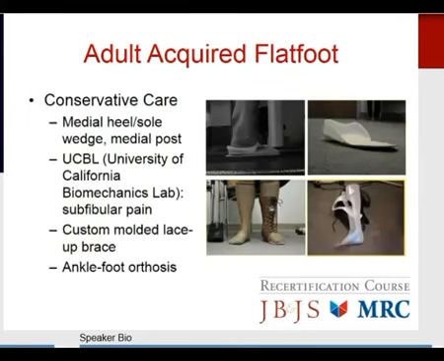Conservative care revolves around an orthotic, and the orthotic used depends on how bad the disease is. If it's a very early condition with some mild abduction deformity, those patients get a medial post-orthotic. If they start getting lateral column symptoms at the fibula interface with the calcaneus, now we have to derotate the calcaneus as well, and those patients get a UCBL, or University of California Biomechanics Laboratory orthotic, to support the calcaneus and avoid that subfibular pain.